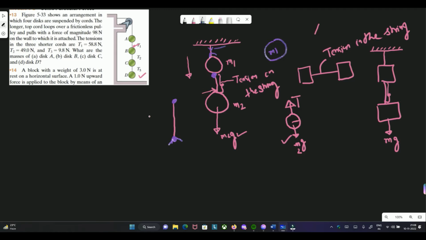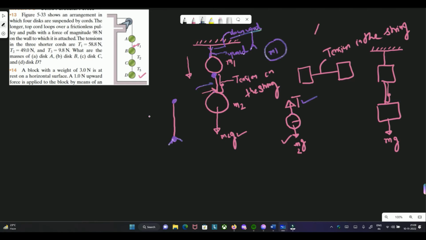When I said tension in the string, I have now split this tension into two parts: one acting on m2, pulling m2 upwards, and the other pulling m1 in the opposite direction, which is pulling it down. But let's come to the tension in the string connecting m1 to the wall.